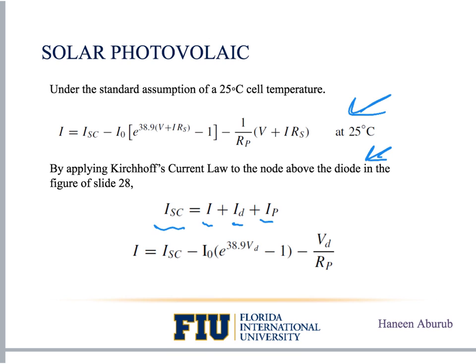Based on that, the expression we are going to use to calculate the current that goes into or out of the cell and passes through the series resistor is shown in this equation.